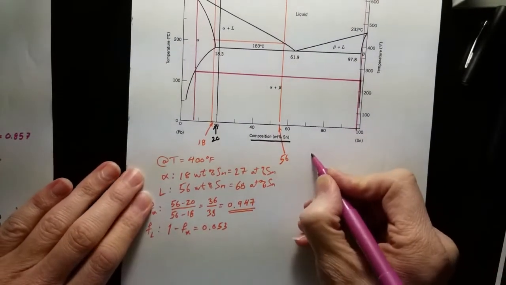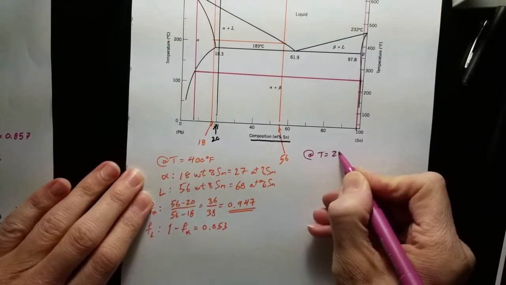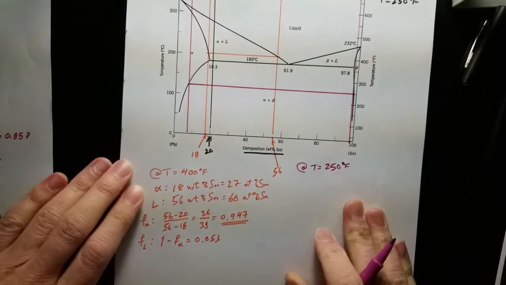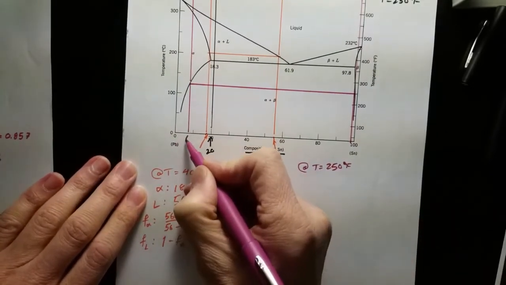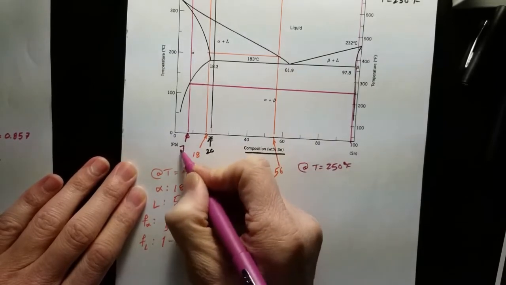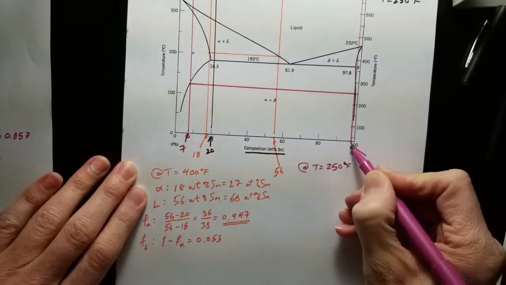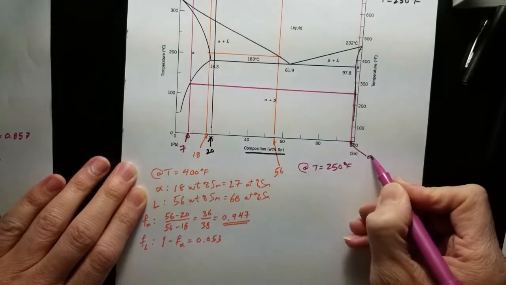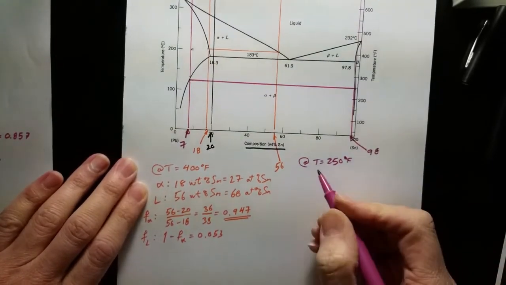So at T equals 250 degrees Fahrenheit, we're basically looking at, what's that, around 7, and that is around 98 or so.